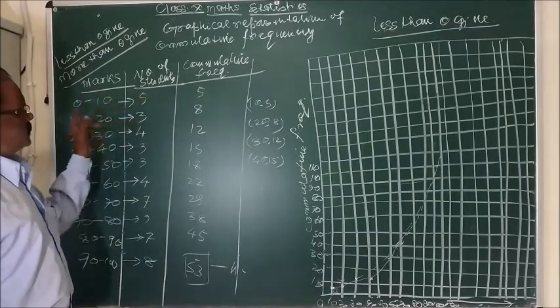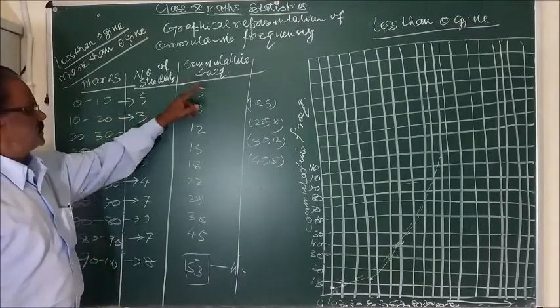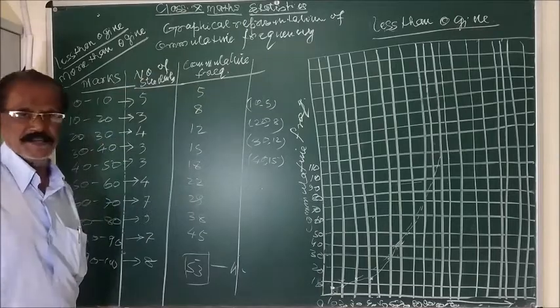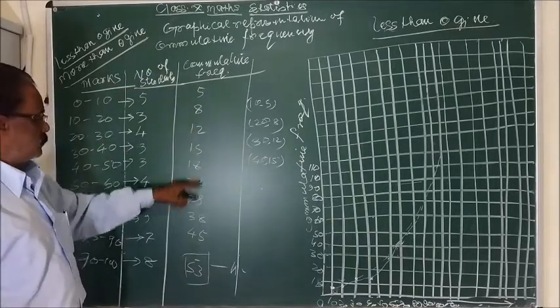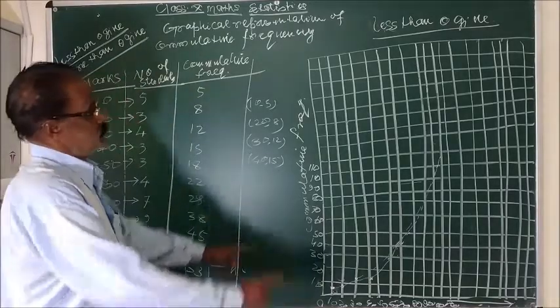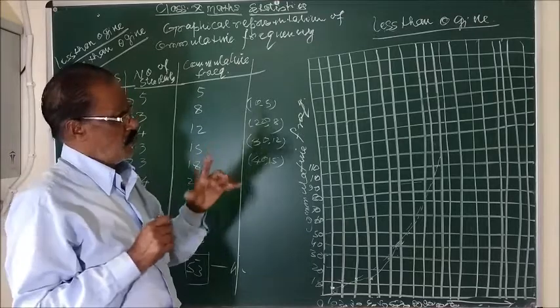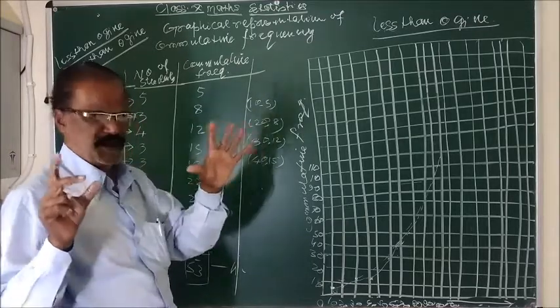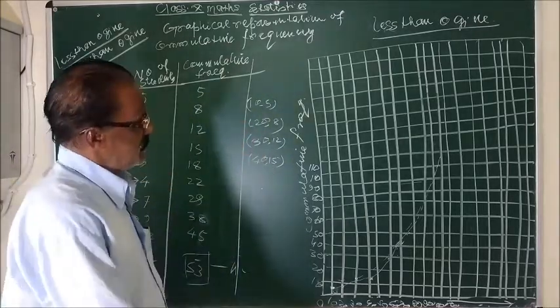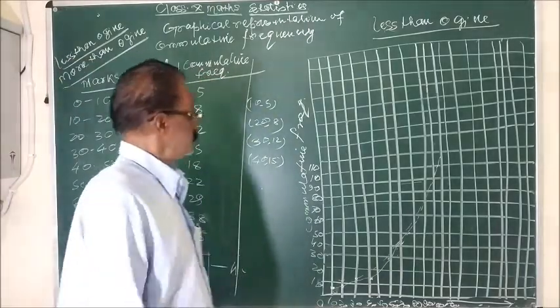And if you add these frequencies class interval wise, you will get the sum. These are called cumulative frequency. And now you have to represent this cumulative frequency on a graph paper. So this is a graph paper. I have drawn a very short part of a graph. You can do it very nicely on the real graph paper.